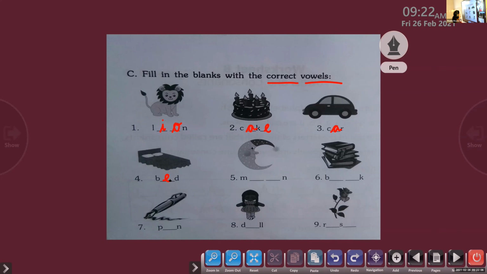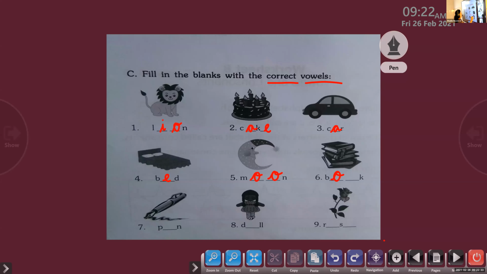Advait Manoj, unmute. Number 5. Moon. M-O-O-N, moon. Okay, very good. Thank you. Wilfred, unmute. Try number 6. B-O-O-K.